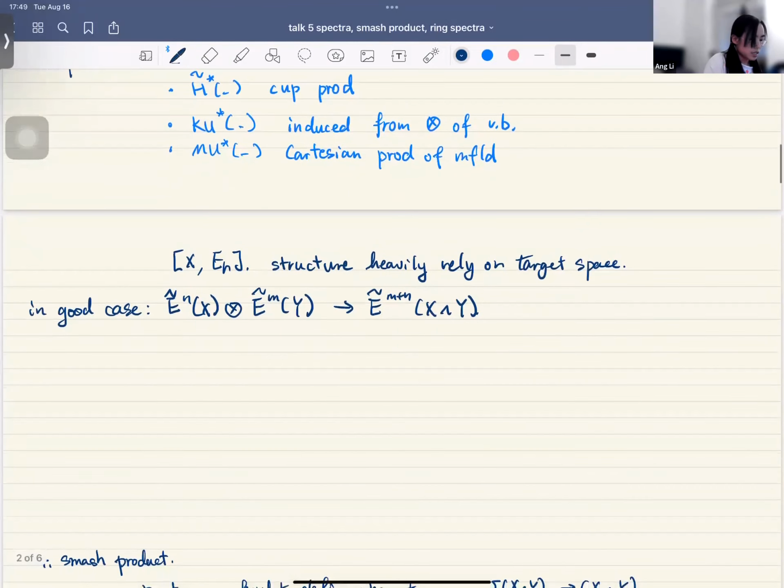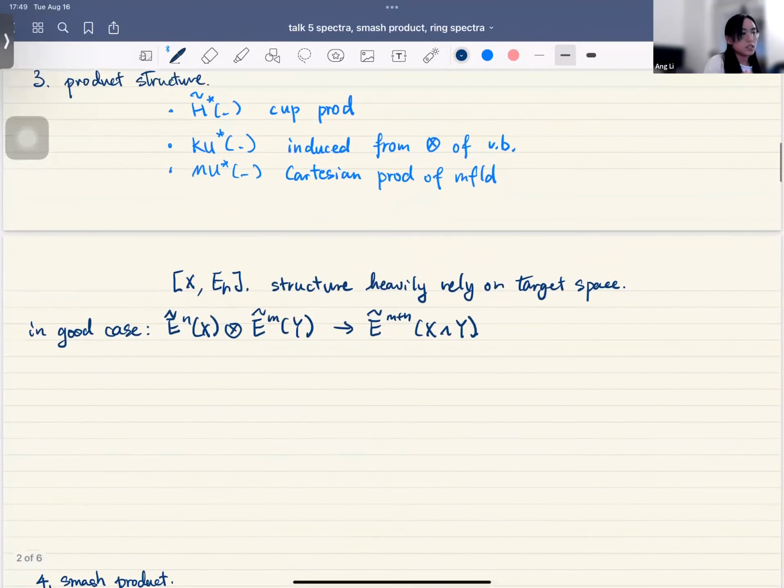And then if we pass it through Brown representability, let me just use X and Y to write out the example, because it's easier to illustrate in that case.